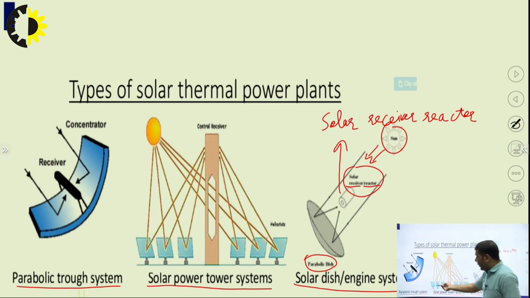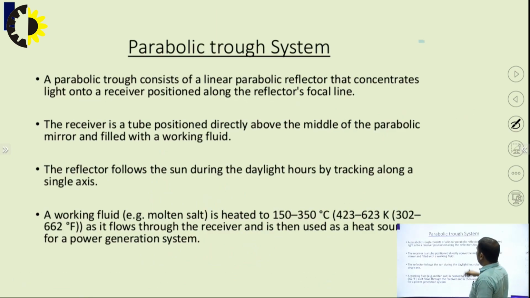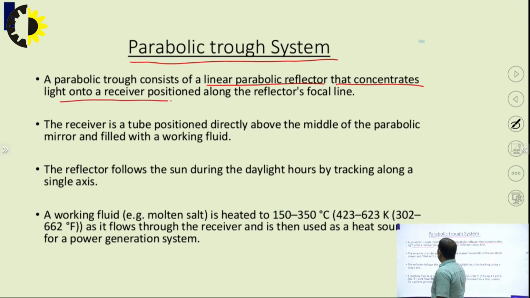So the first one is the parabolic trough system, which is a subtype of solar thermal power station. A parabolic trough system basically consists of a linear parabolic reflector, as we saw in the previous slide pictures, that concentrates light onto a receiver positioned along the reflector's focal line.